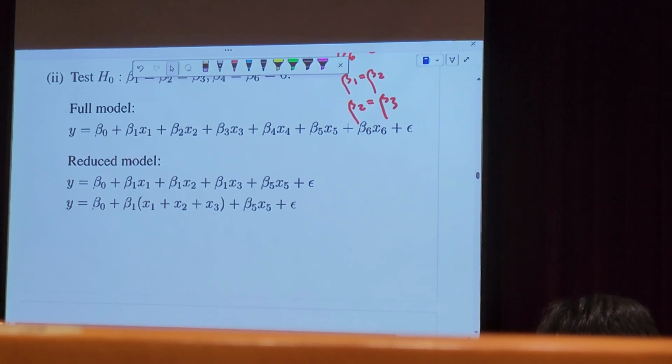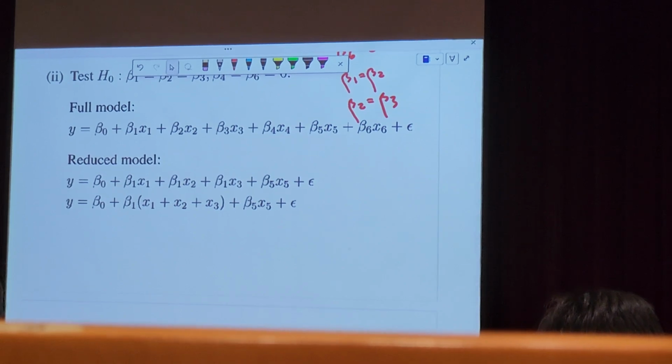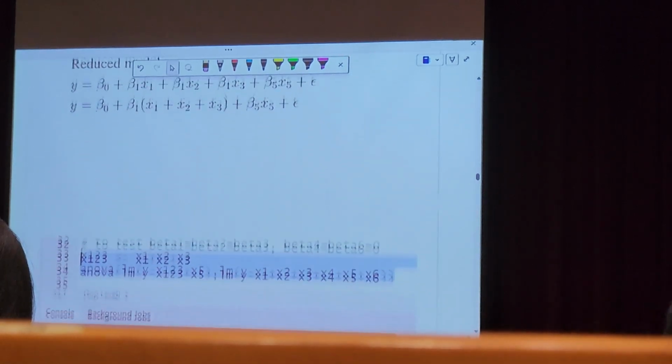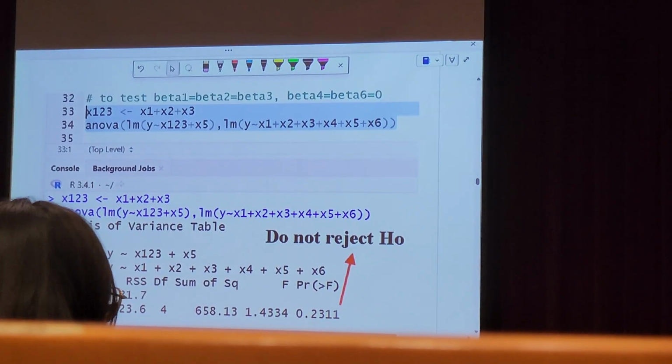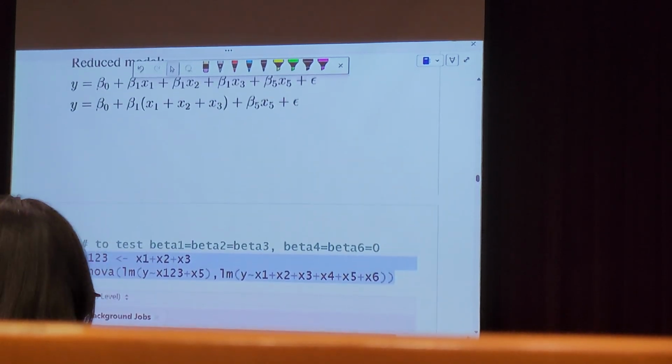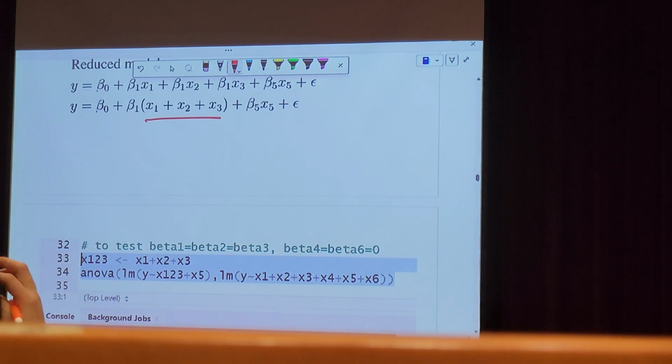Or you can find out using the degrees of freedom of the reduced model and the full model. So let's try to see what it is. First of all, we need to find these new regressors, which I call x123. x123 denotes the sum of the three regressor variables.